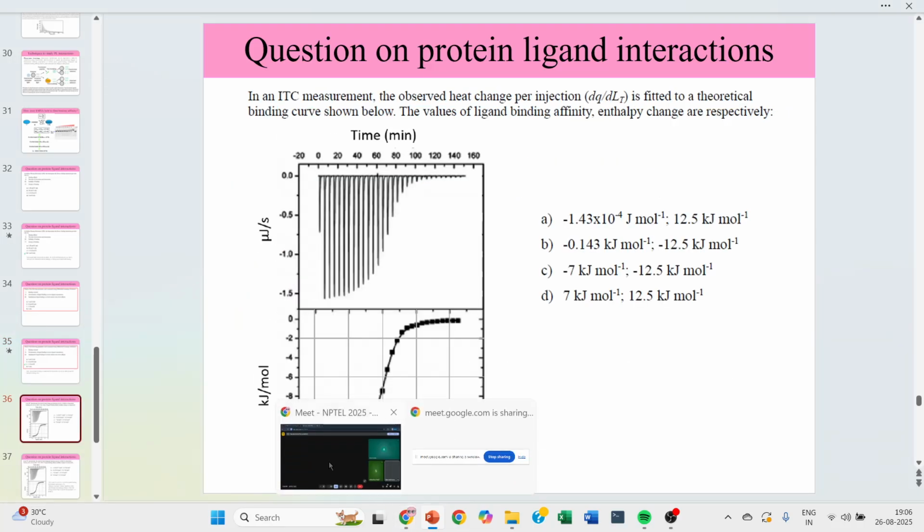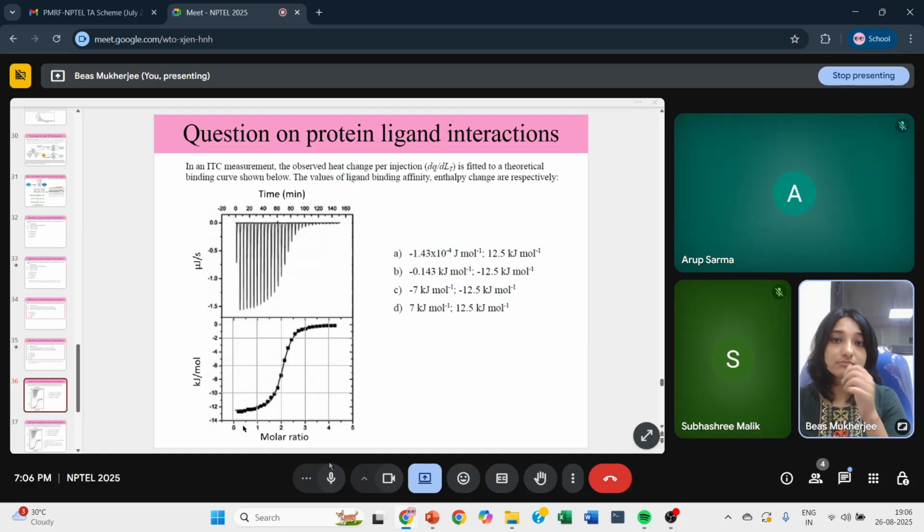Now this is another question, on ITC. This kind of question you can expect, where they'll give you a sensogram and ask you to find out what you're observing from it. Okay. So in an ITC experiment, the observed heat change per injection is fitted to a theoretical fitting curve.